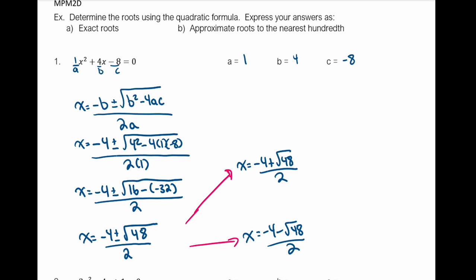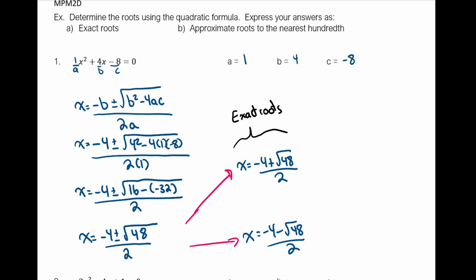And this right here is what you would call your exact roots, because these are my exact solutions. I'm not rounding anything. This is exactly what my solutions are.